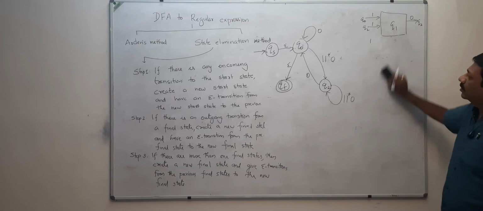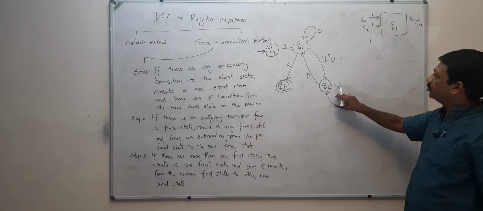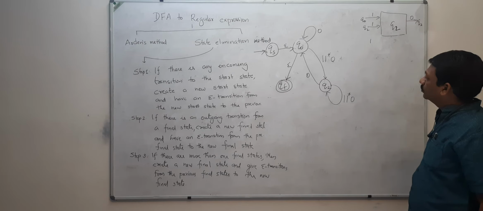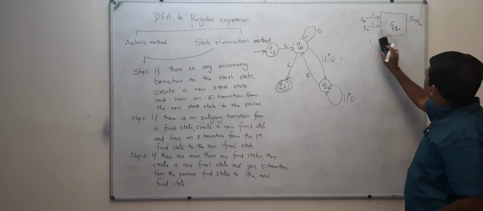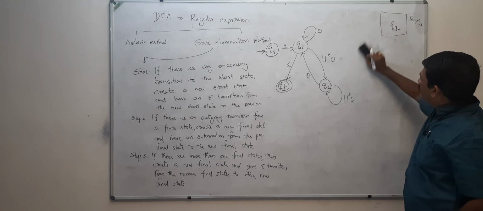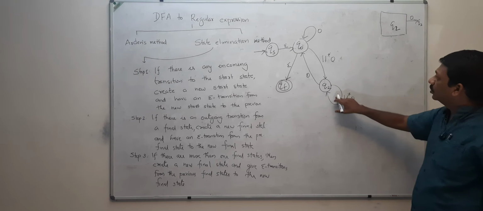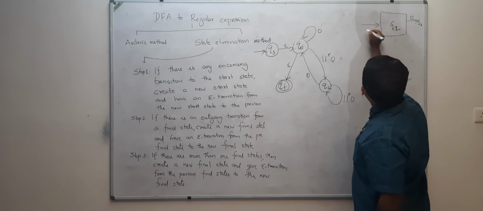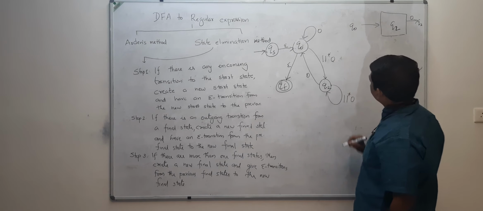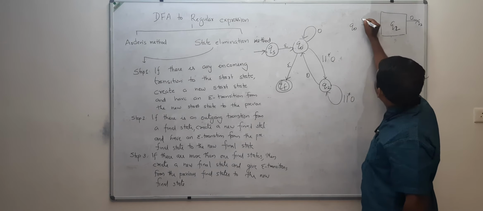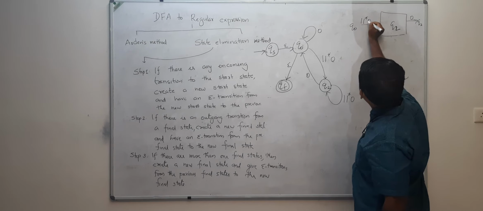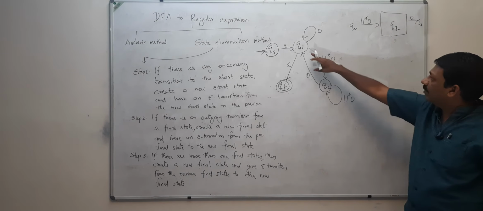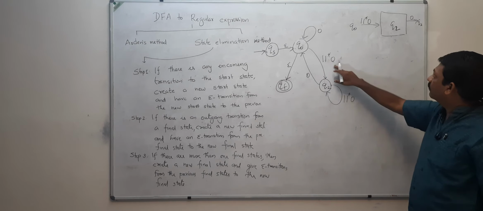Now, try to eliminate Q2. I am trying to eliminate Q2. For Q2, there is an incoming transition from Q0, labeled 1 star 0.